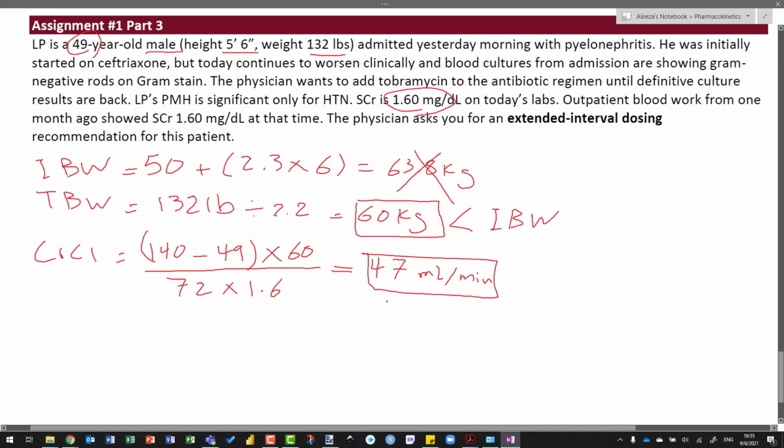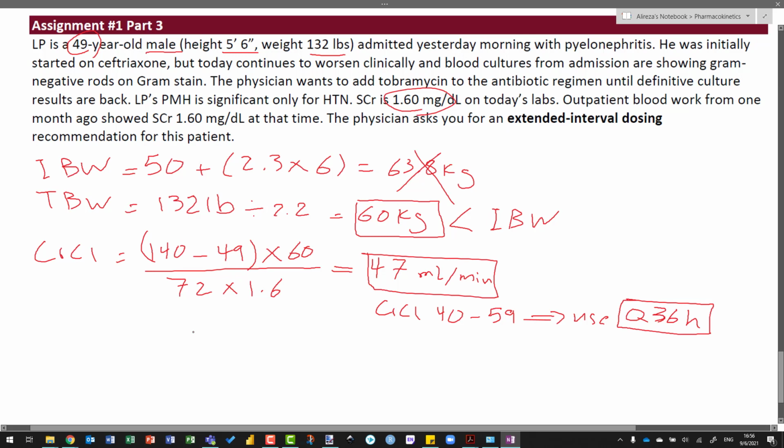Now, if we're using the Hartford nomogram, the Hartford nomogram says for creatinine clearance of 40 to 59, basically use every 36 hours initially until you get levels and you adjust from there. Okay, so initially we're going to use every 36 hours, and then we're going to get the level and go from there.